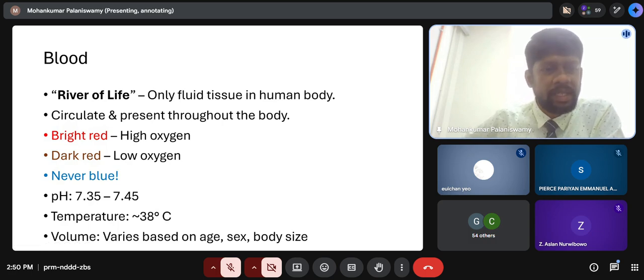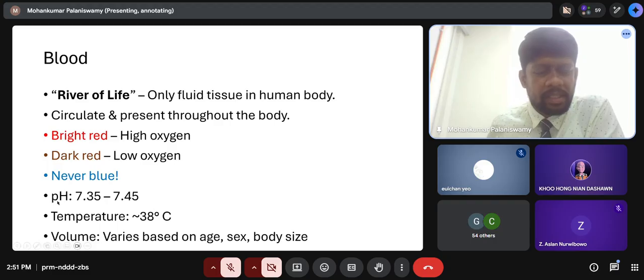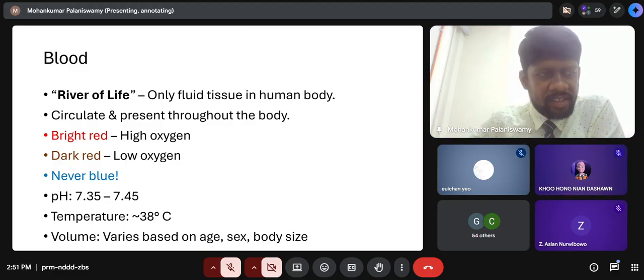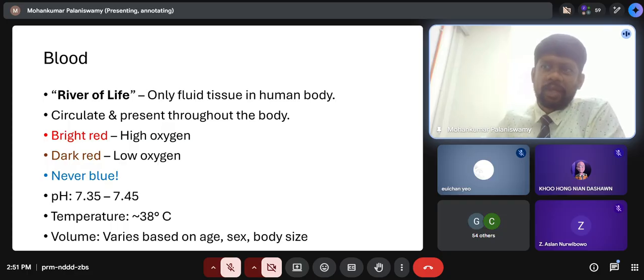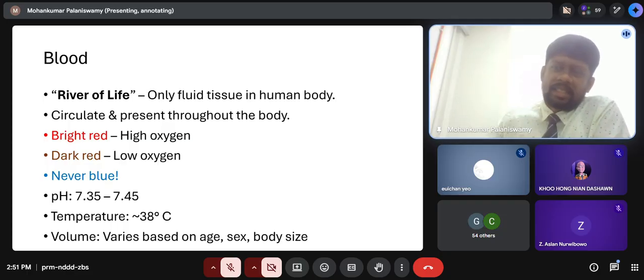Then the pH level of the blood is around 7.35 to 7.45. Does anybody know what is the meaning of pH? The acid and alkaline level. Yes, one extreme is acidity, another extreme is alkaline.